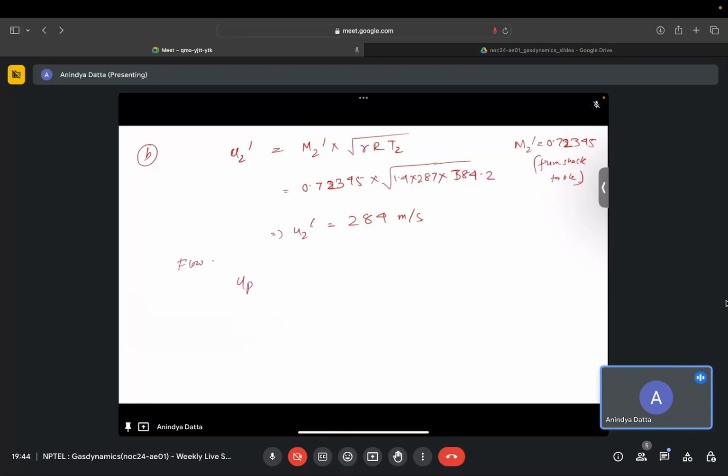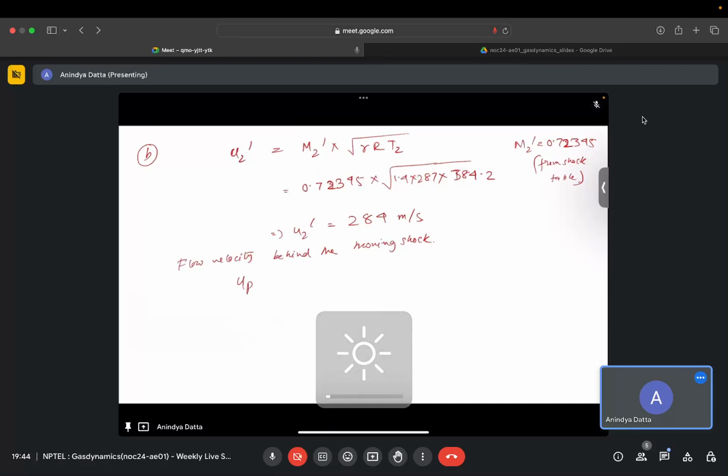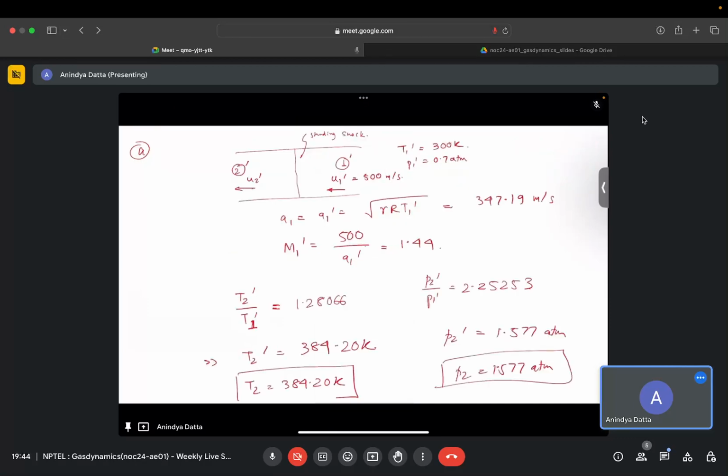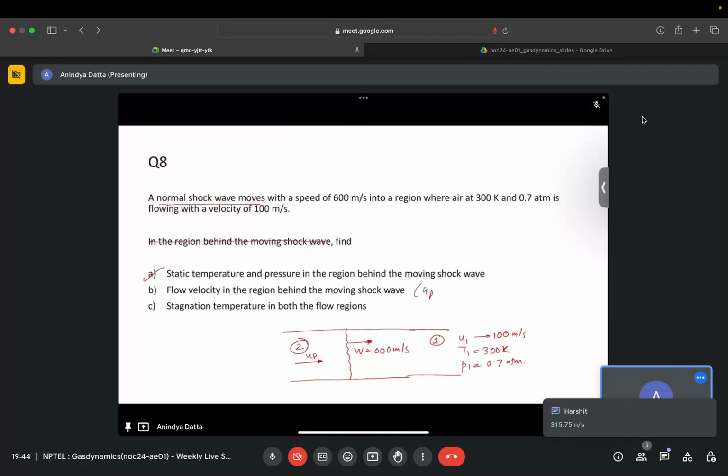Now tell me what is the value of up, the flow velocity behind the moving shock?